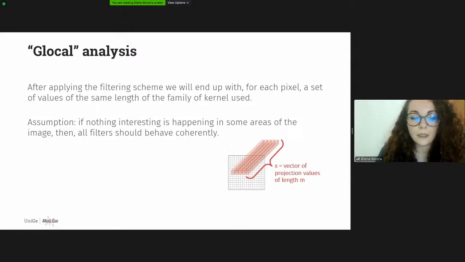One of the first things that we wanted to do is to understand the global behavior of these filters. We had this assumption that if nothing interesting is happening in some areas of the image, then it means that there are no events or particular situations that would trigger the response of a particular filter, meaning that all filters should behave more or less coherently.